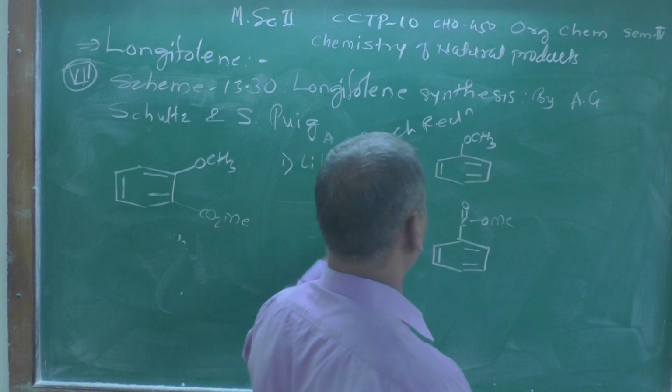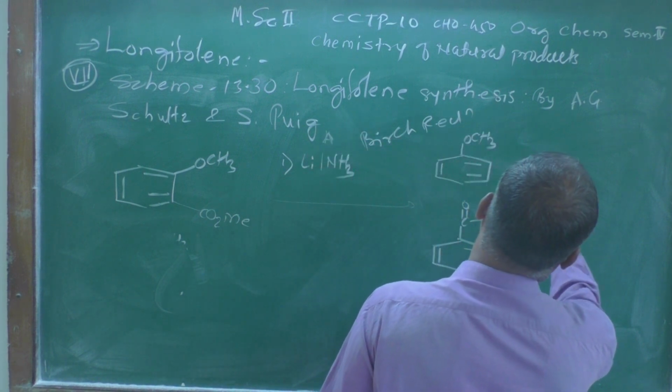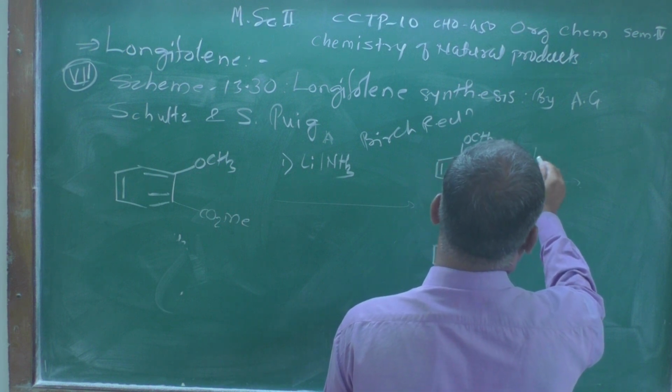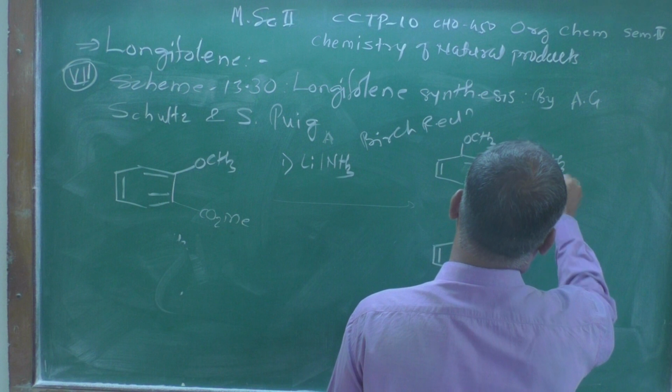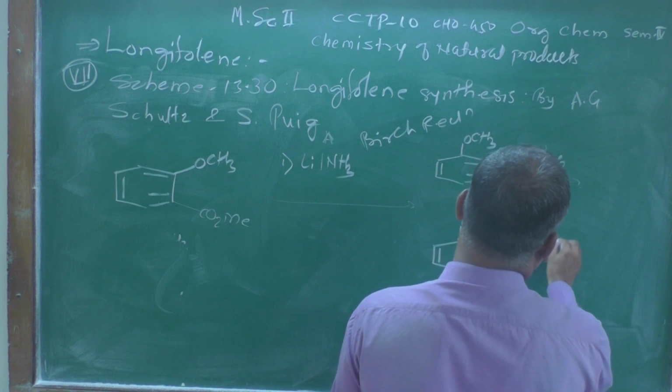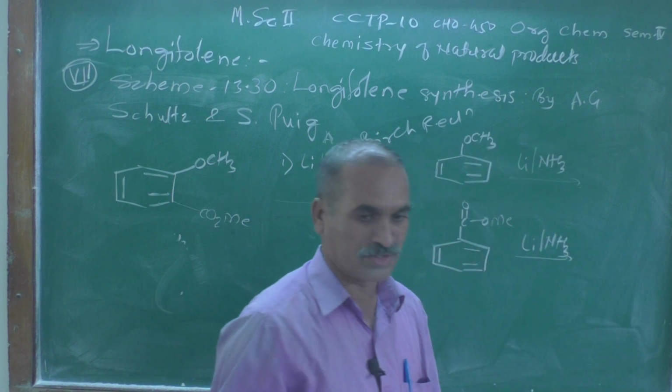When the Birch reduction is carried out on this compound with Li in the presence of NH3, partial reduction takes place. What do we mean by partial reduction?